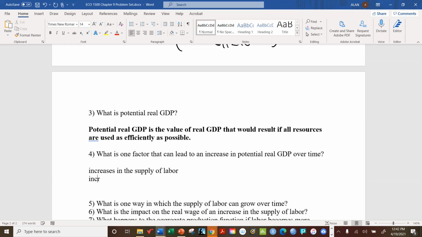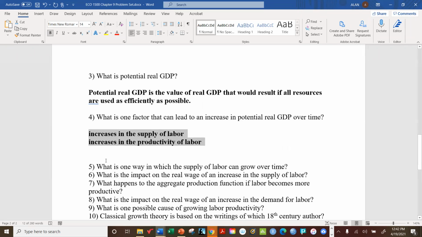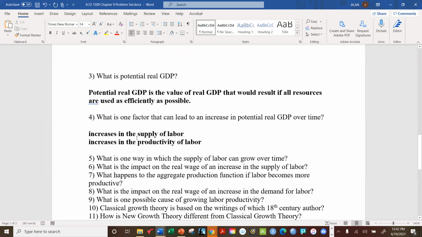And number 2, if there's the same number of people but they're more productive, either one of these would increase our potential real GDP. Either more people working or people working more efficiently. That would do the job.